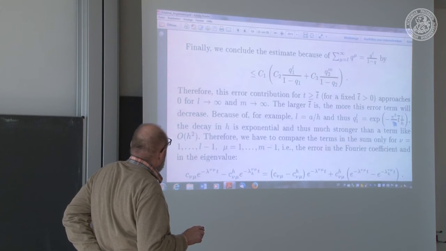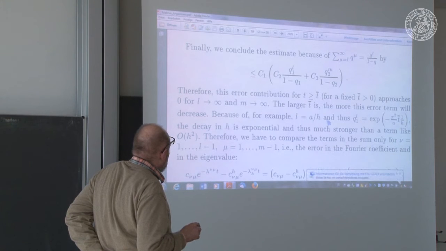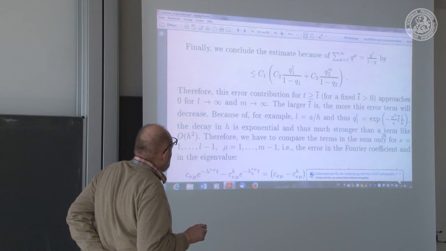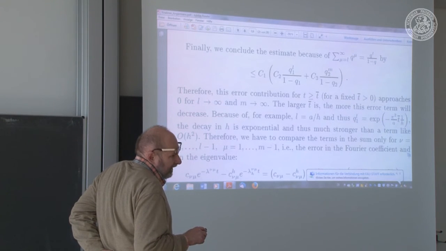And what I've done here, I just plugged in the relationship between the L and the discretization parameter h, so I get here an h term. So I have here a part which exponentially decays in h.